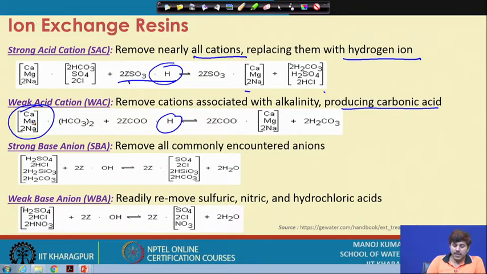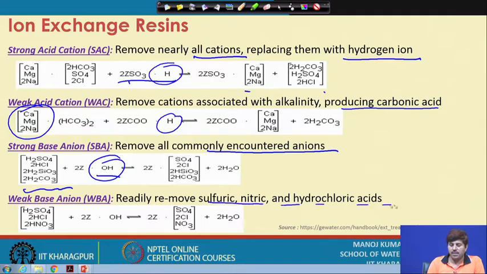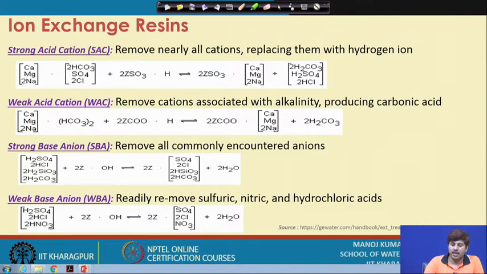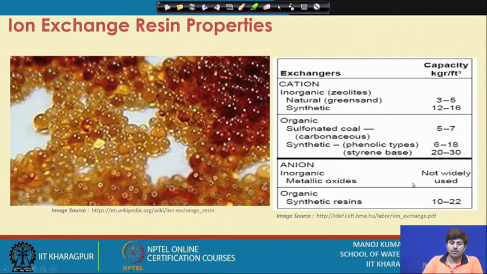The strong base anions will similarly remove all encountered anions. Whatever anions are coming in the system will usually be replaced with OH ions, and the weak base anions will remove sulfuric, nitric and hydrochloric acids. So, these different types of resin have different functional attributes.